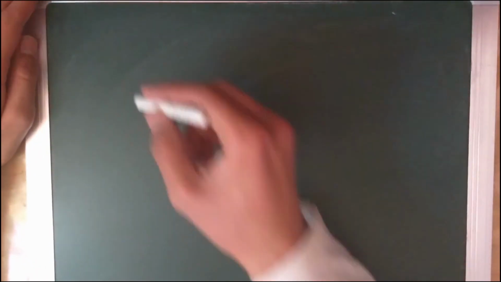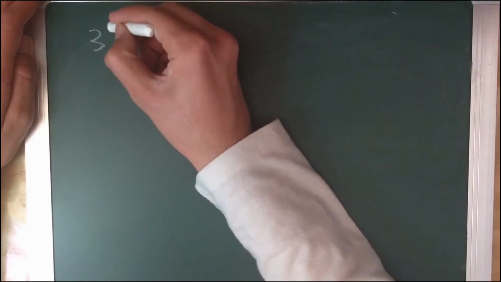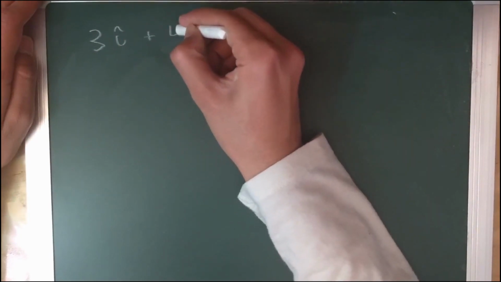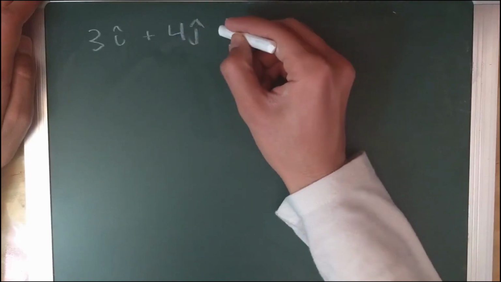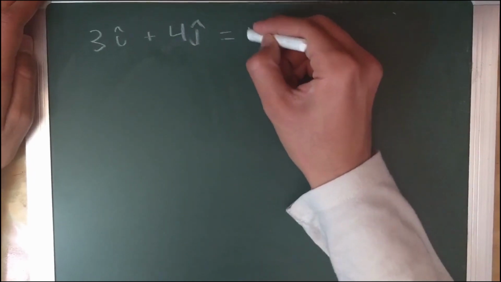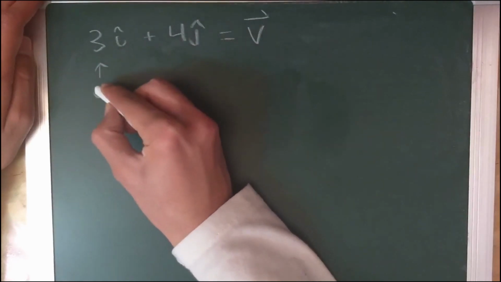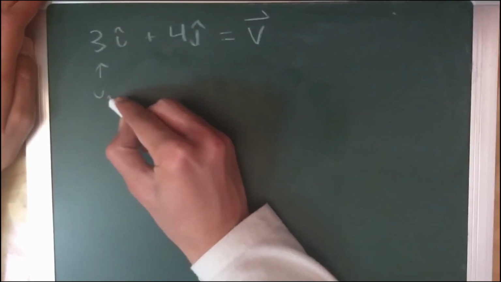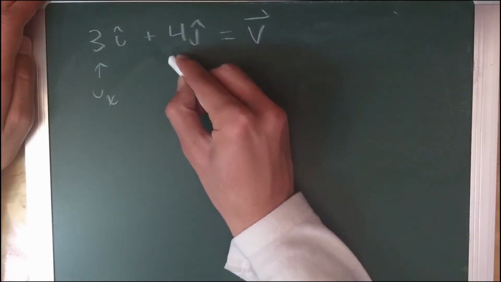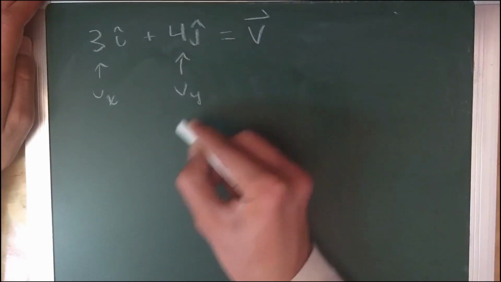So, first example is, here's our vector, 3i hat plus 4j hat, and this is equal to v, and we want to find the magnitude. Well, this is some component v1, or I'll call it Vx actually. This is some component Vy.